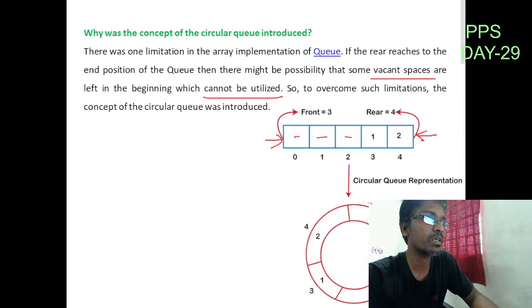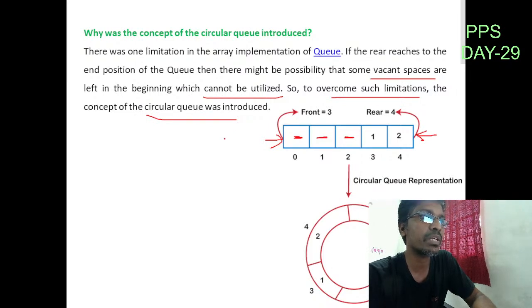You cannot insert new elements there, because once the rear pointer reaches the last position, you cannot insert any more elements, even though the queue contains empty vacant positions. This is one of the limitations of linear queues. To overcome this limitation, we will discuss the circular queue.